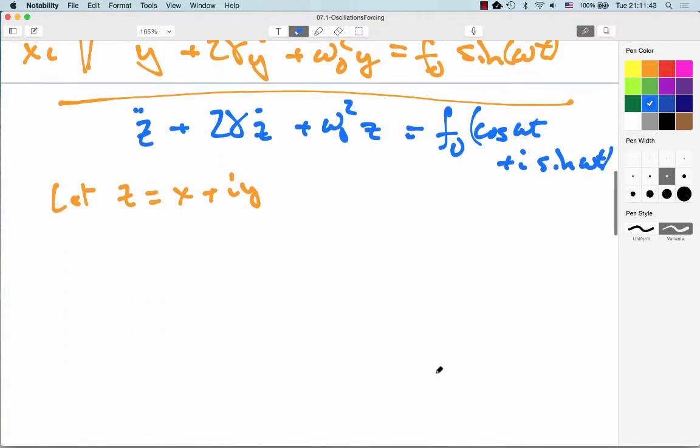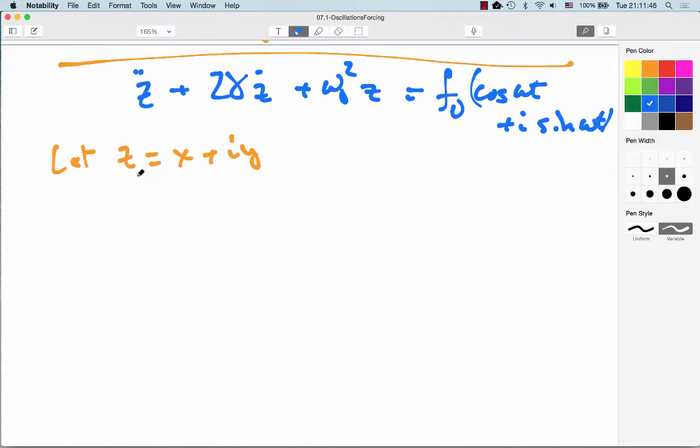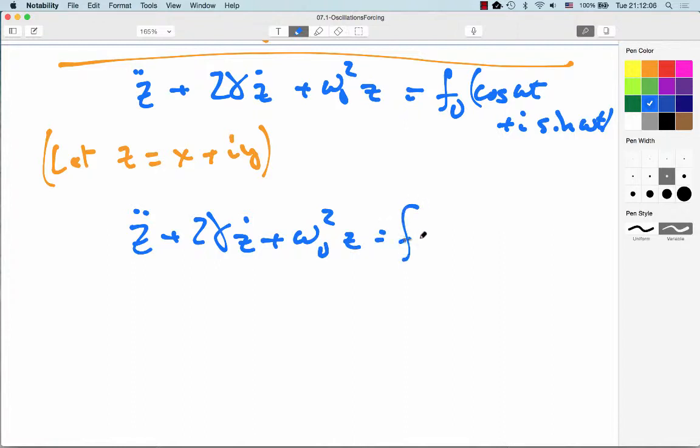Now that might still not look all that helpful to us, but I promise you it is. Remember the Euler identity. This is e to the i omega t. So we get z double dot plus 2 gamma z dot plus omega naught squared z equals f naught e to the i omega t.